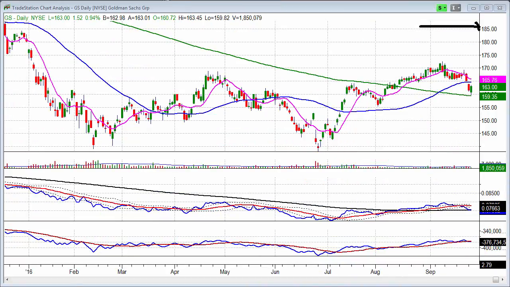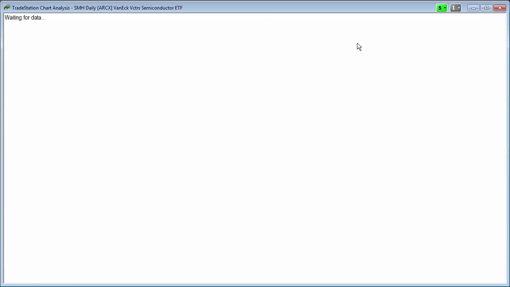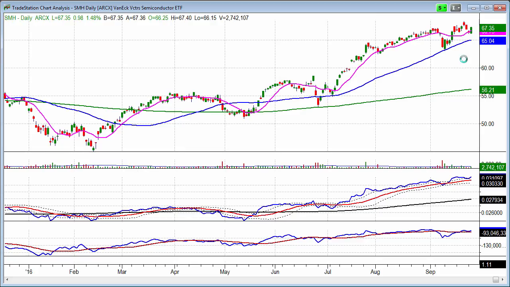So, Goldman Sachs, as it comes up here, is definitely not what we're looking for. Let's start with the group SMH. The semis really have been a leader since Brexit, and even before, having a really strong move to new highs.